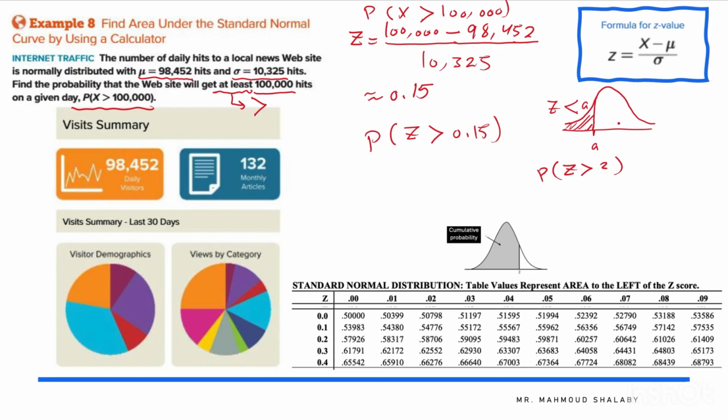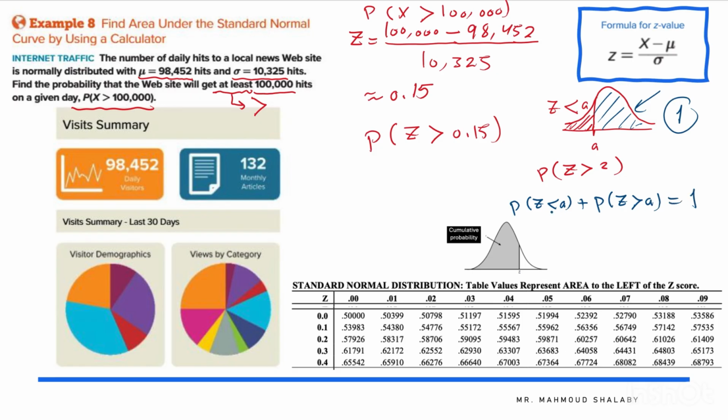What I will do, remember, ya shabab, we said earlier the total area under the graph is 1. So which means if I add the left side and the right side together, the answer must be 1. So I will say, for example, probability when z is smaller than a plus the probability when z greater than a, it will be 1.